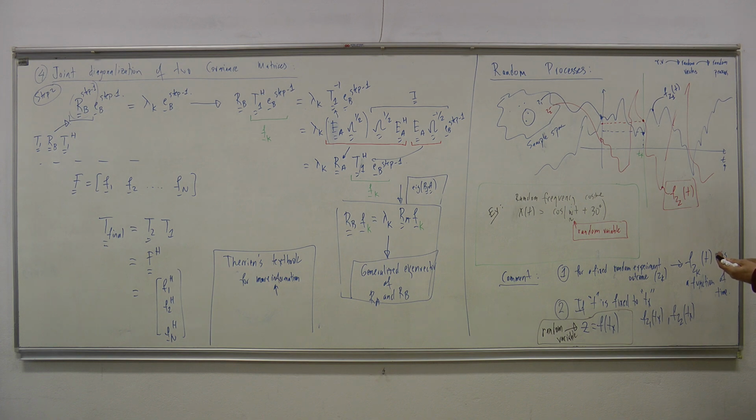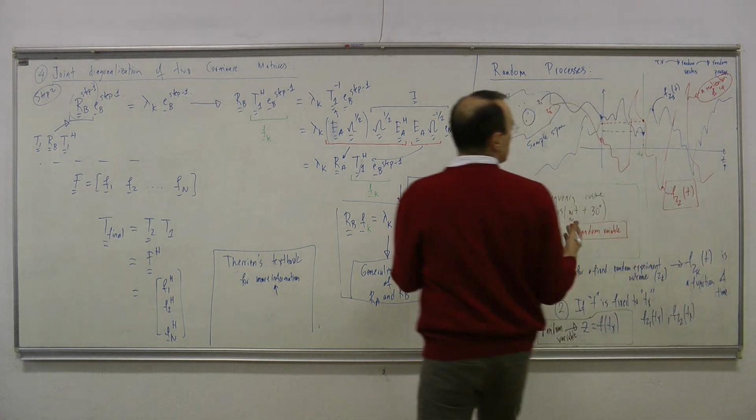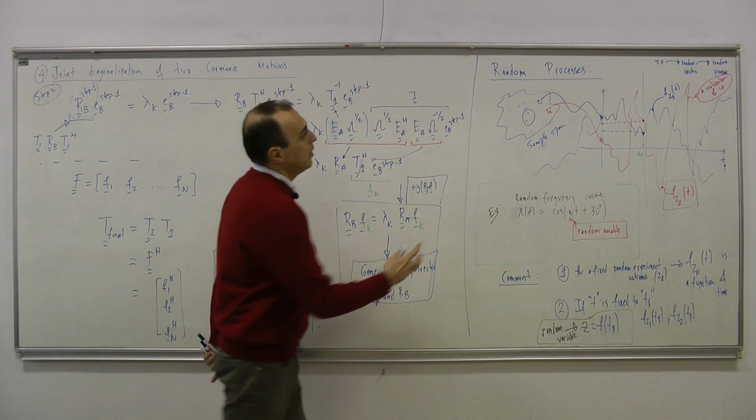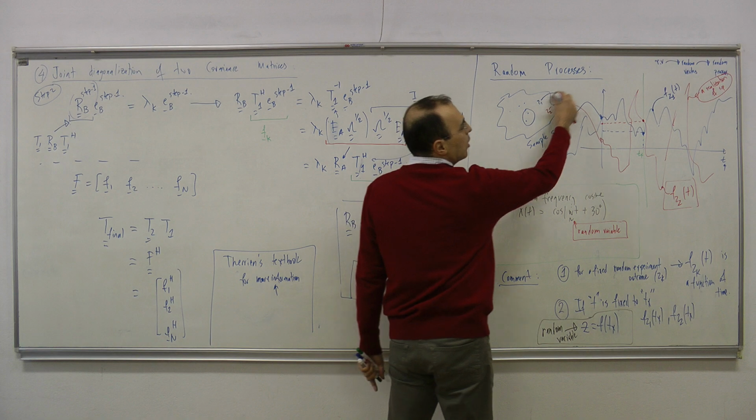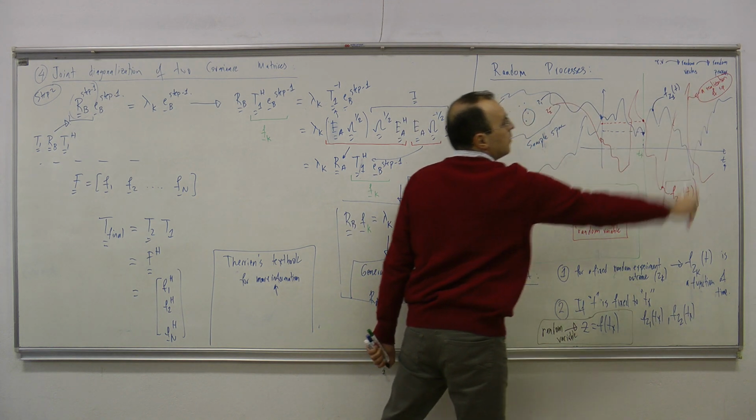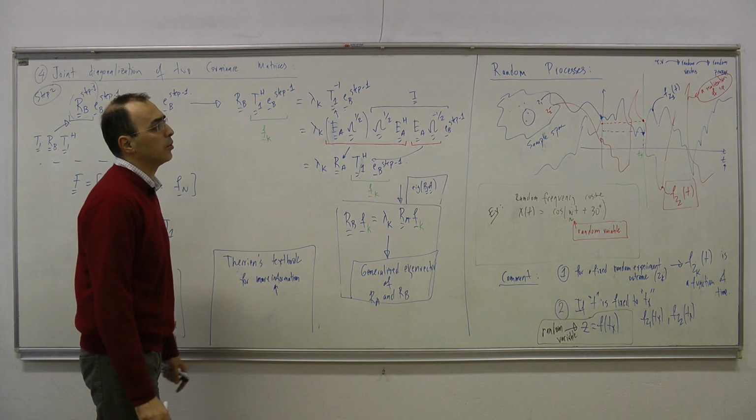Well, that is interesting. So, each one of these functions, the red and blue functions, is called a realization of a random process. A realization means like a bird, okay? So something happens and you have this red function. This is a realization of this random process.